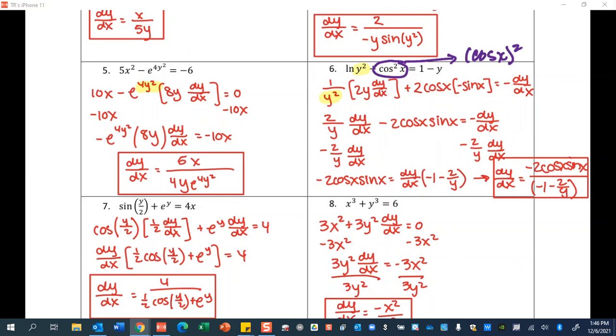Oh, you know what? What you have on the worksheet is not right, and this has been updated. So this is correct. Because when we take the derivative of what's inside, it's not 4y squared, it's 8y.